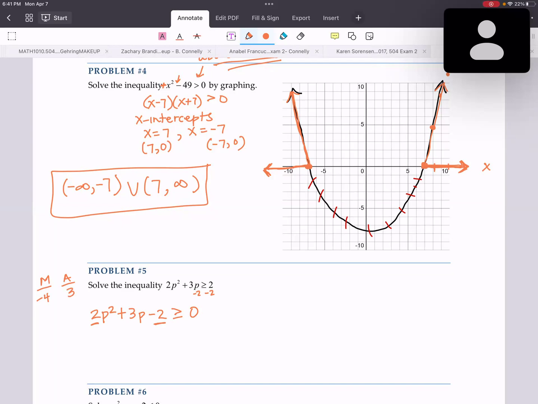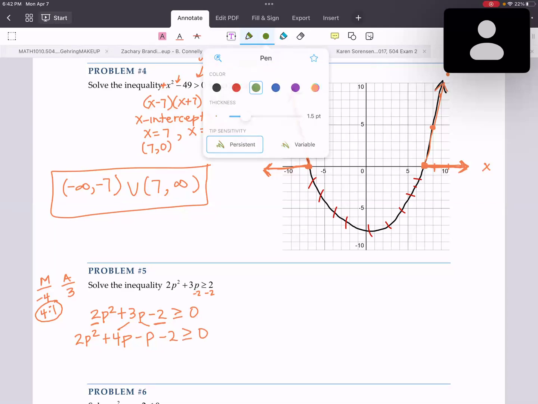Now, the only things we can get there, if we have 4 and 4 times 1, the way we can add up to be a 3 is if the 1 is negative. So that's my winning combination, 4 and -1. So let's write this down as a 4-term polynomial, 2p squared, that 3p we're going to write as plus 4p and minus 1p, and then minus 2 is greater than or equal to 0.